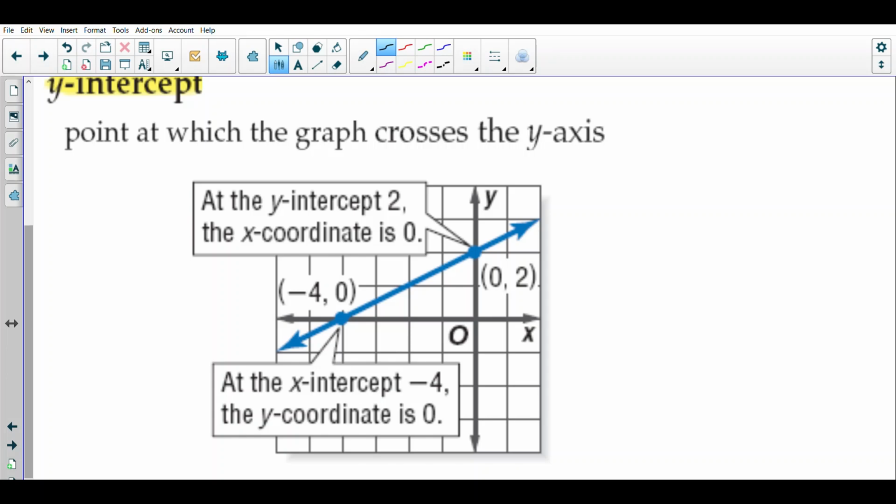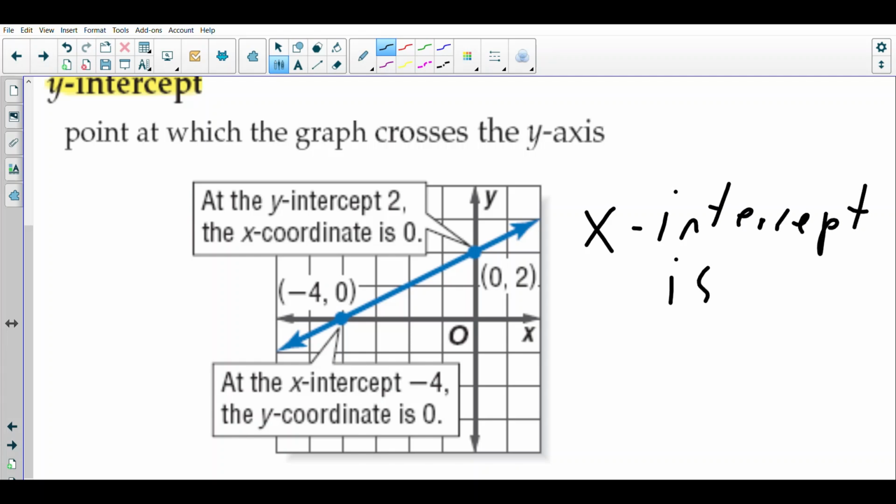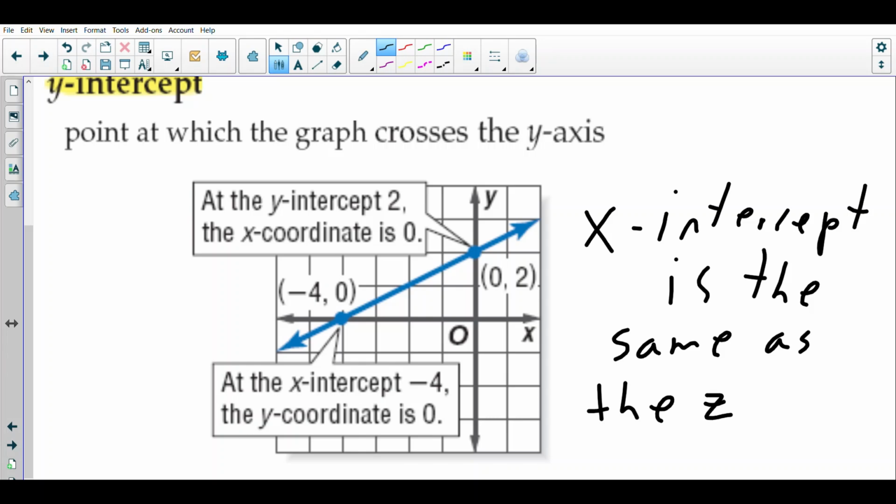So actually the x-intercept is the same as the zero. So x-intercepts and zeros are just synonyms. They mean the exact same thing in context. So it really helps us if we know that and we can limit our work.